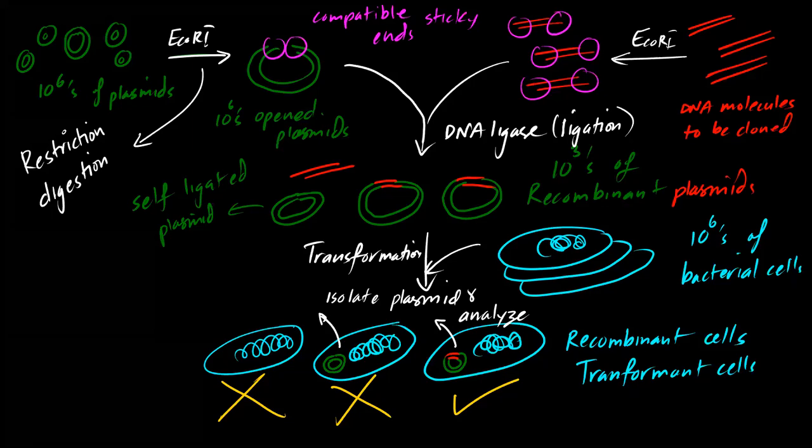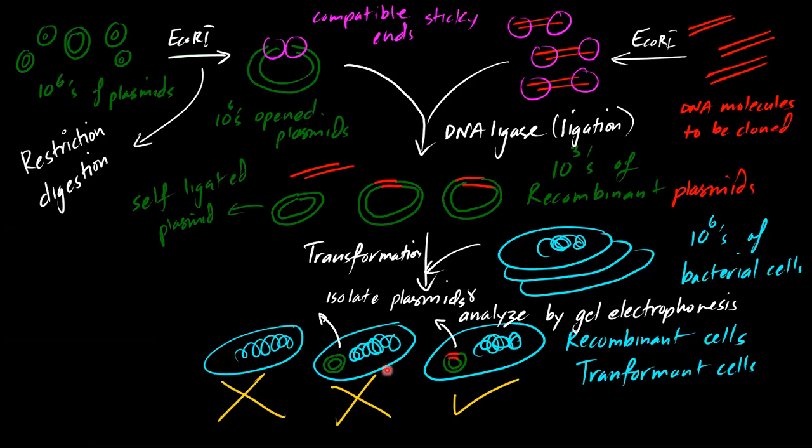So one way is to isolate plasmids and analyze by gel electrophoresis. So let's discuss what is electrophoresis, and then we'll come back and see how gel electrophoresis will allow us to determine which bacteria have the correct plasmid.